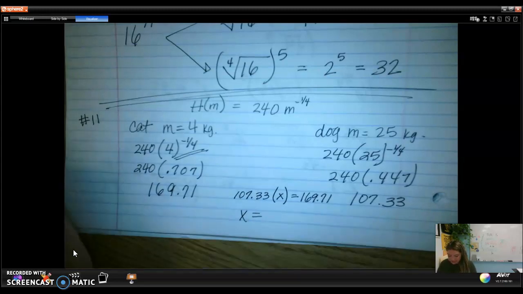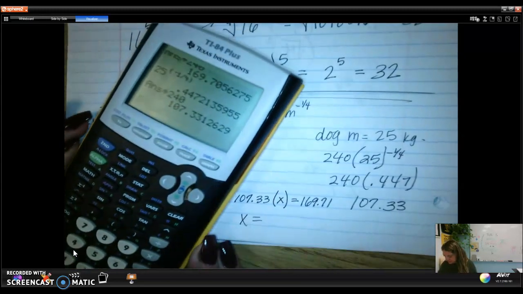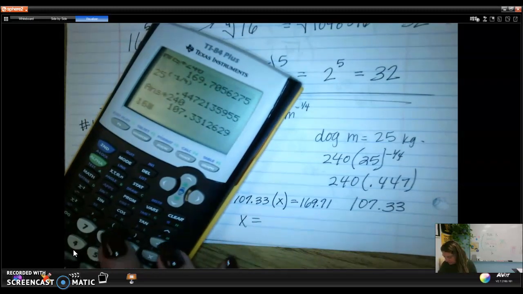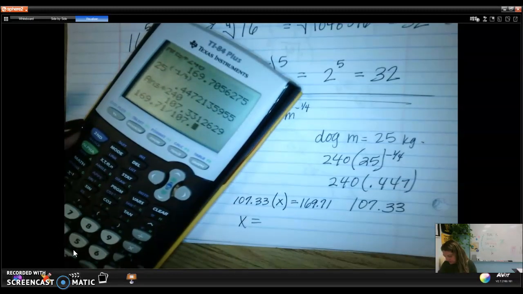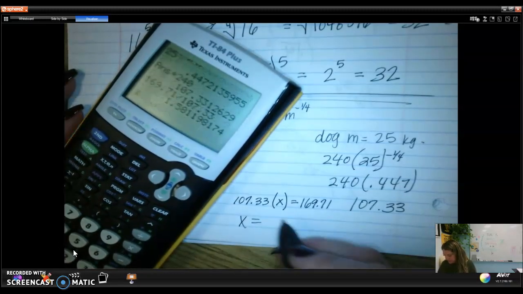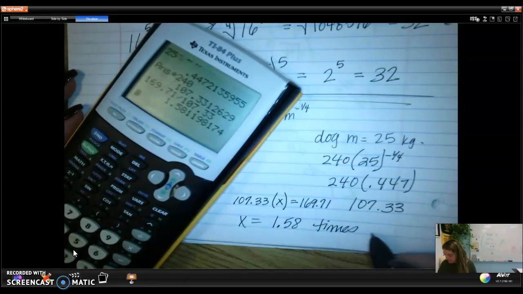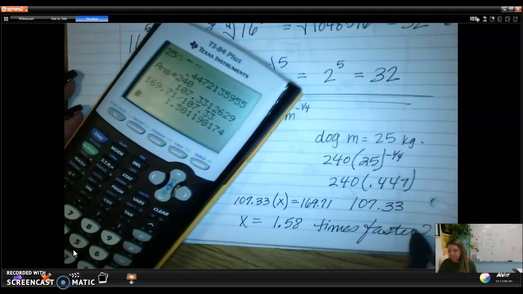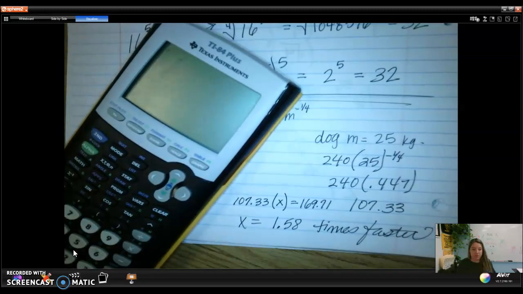Okay, and how many times faster that is, I don't know. Let's get this puppy typed in, or this kitty. 169.71 divided by 107.33. And it is about 1.58 times faster. Okay? That should help you get through question number 13 as well.